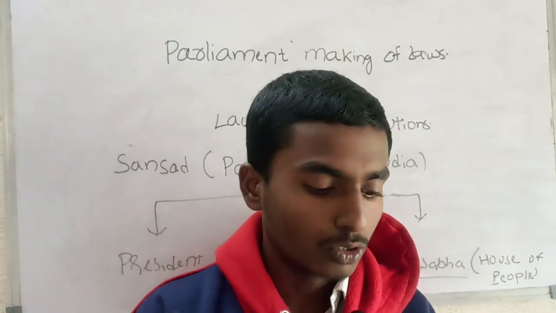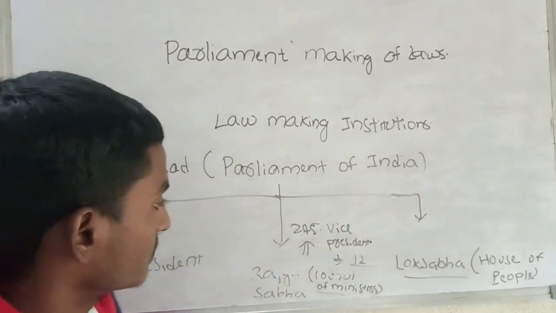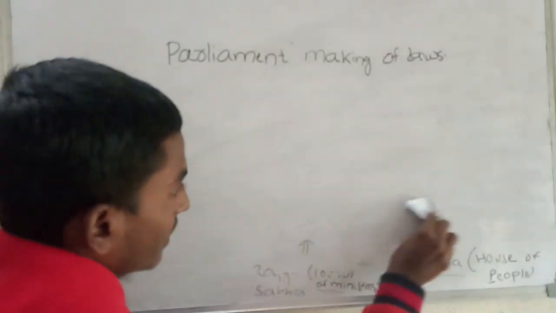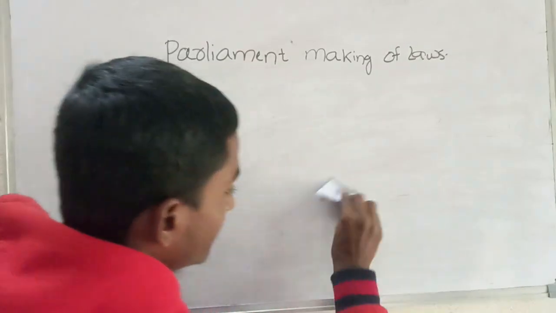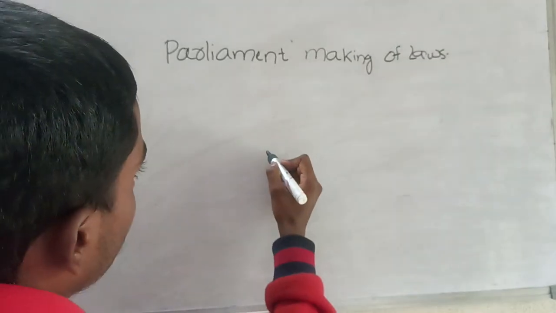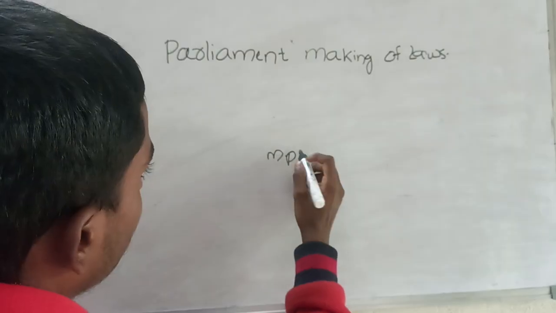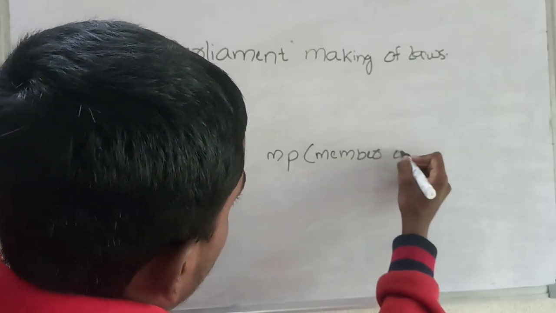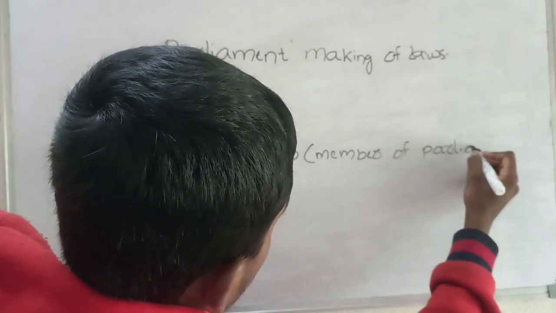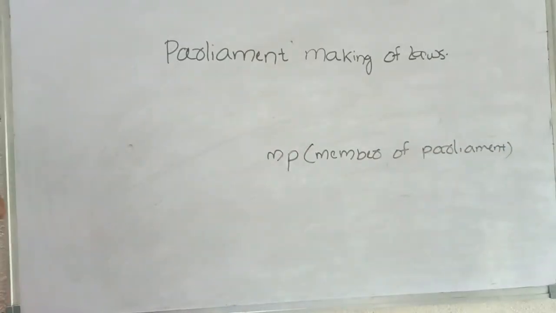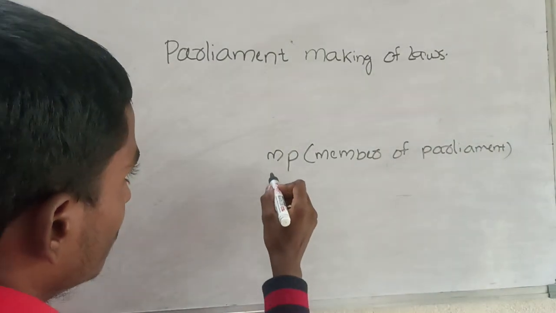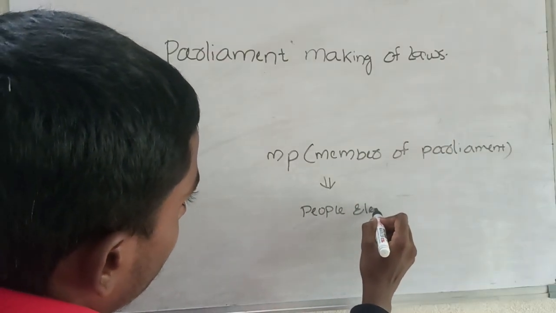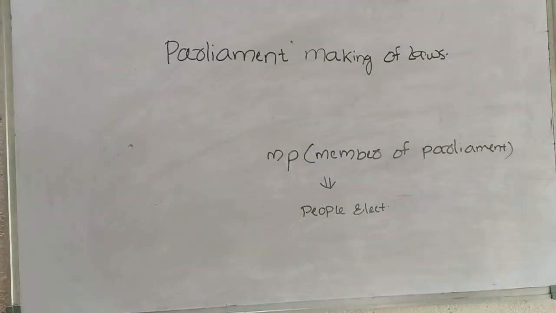After conducting the elections, they select the members of parliament, MPs. So people will elect them through the election process using the right to vote.